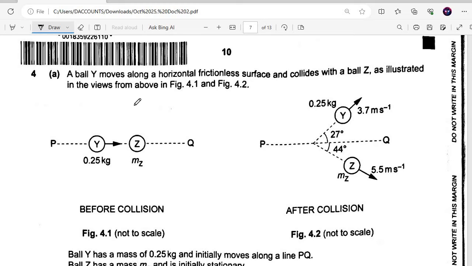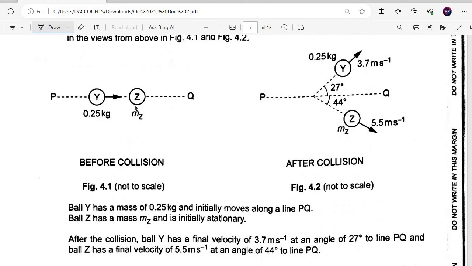The question: a ball Y moves along a horizontal frictionless surface and collides with ball Z, as in the view above. Ball Y has a mass of 0.2 kg, and PQ is the horizontal direction. Z is stationary.